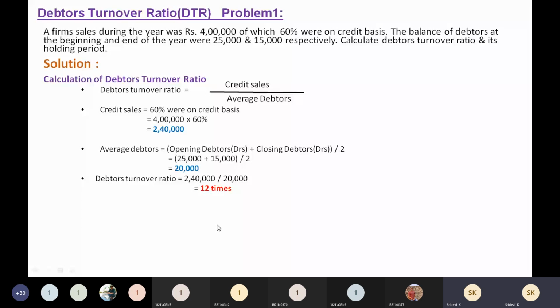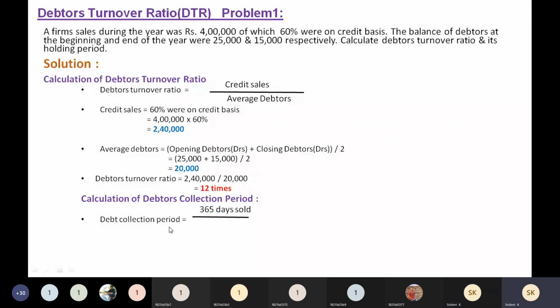So now we need to calculate the holding period. Okay. So debtors collection period, not holding period. It is given here wrongly. Collection period. Okay. So debtors collection period is equal to, what is the formula? Just now we have discussed, 365 days divided by DTR, debtors turnover ratio. So 365 divided by 12 times, we got DTR, no? So that you use here, by 12.